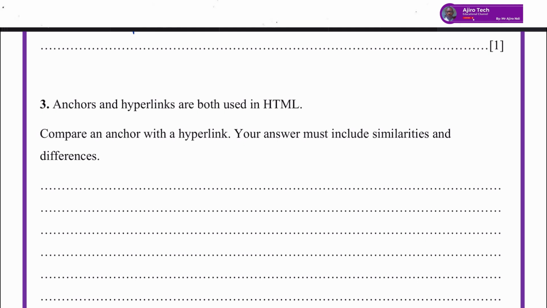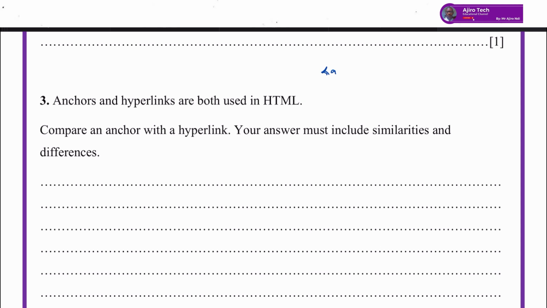Anchors and hyperlinks are both used in HTML. Compare an anchor with a hyperlink. Your answers must include similarities and differences. Now, one of the things about the anchor, which begins with the A tag, is that it allows the user to move from one part of a web page to another part.